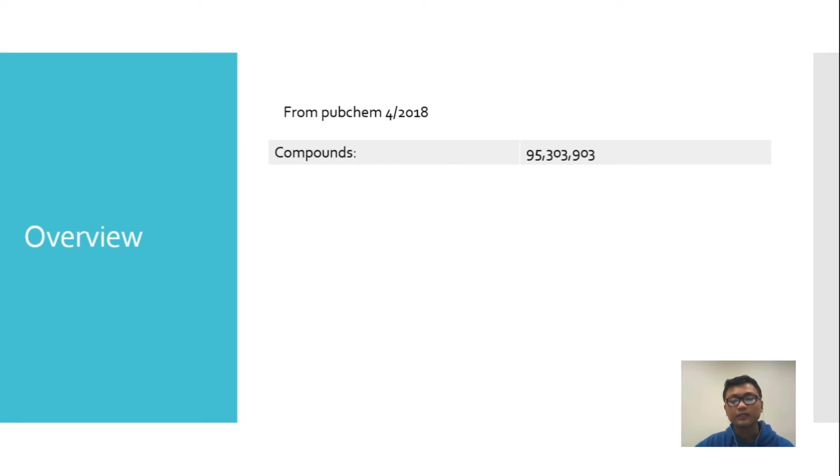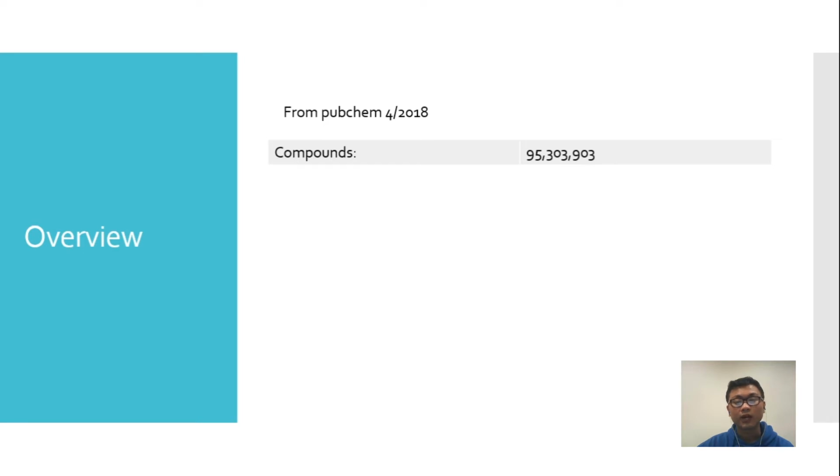Before we begin, it's important to recognize how many compounds are available for research in databases. According to PubChem in April of 2018, there are over 95 million indexed compounds. Let's say that a drug company was interested in looking more into the chemical-physical properties of a molecule that may be incorporated in a future drug for alleviating pain.